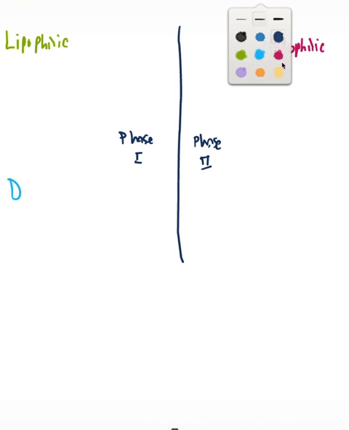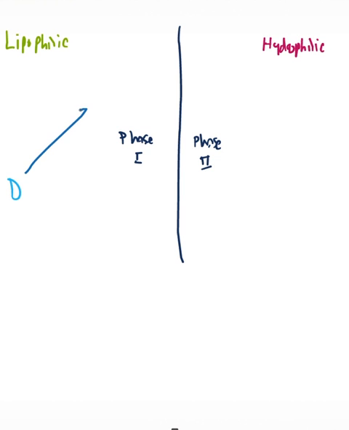What can I do? Well, I can do oxidation reactions. If this drug undergoes oxidation, that'll be there. When I oxidize something, I'm adding an O, right? And what is that going to do?